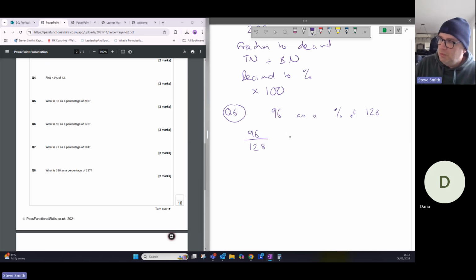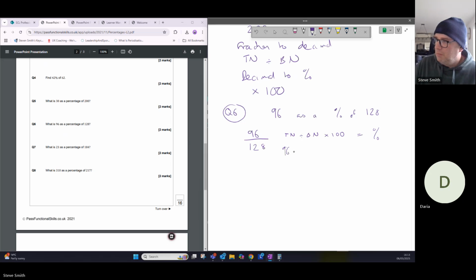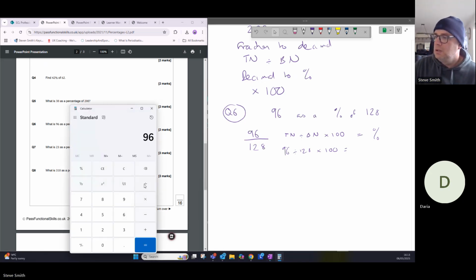And so we're going to go top number divided by bottom number times by 100. And that's going to give us our percentage. So let's do that. We've got 96 divided by 128 times by 100 equals, and that's where we get to. Let's go 96 divided by 128.